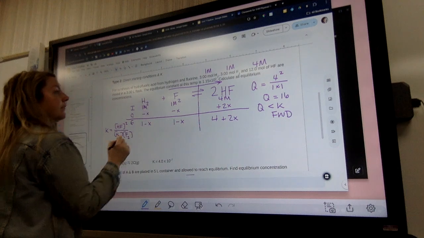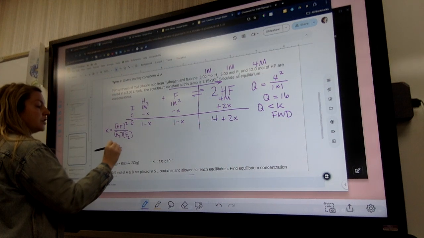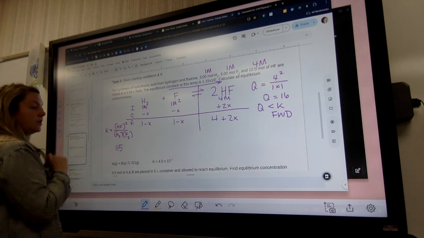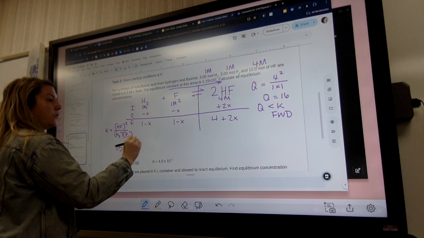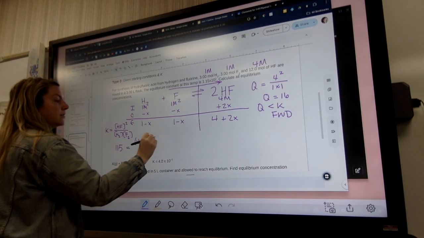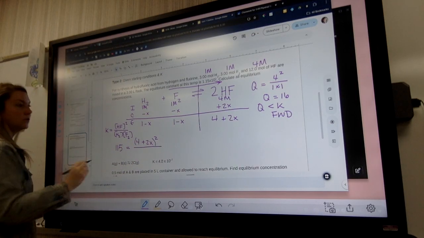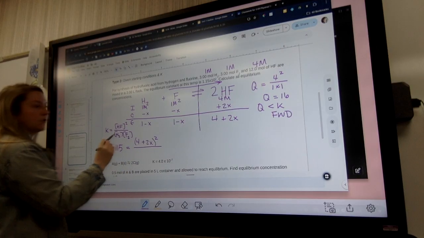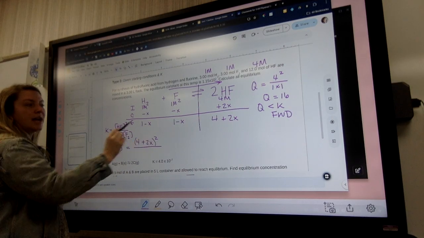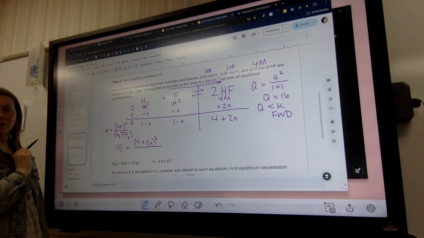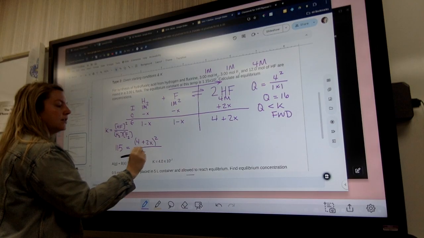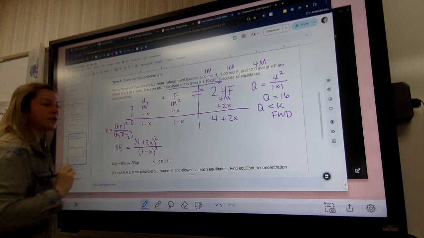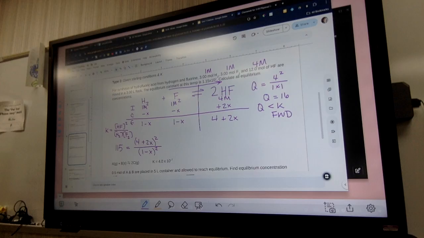So I have 115, I'm just going to change it to a regular number instead of scientific notation, is equal to my 4 plus 2x squared over 1 minus x times 1 minus x, which is the same as 1 minus x squared, right? So I'm just going to write it as that because it makes it a bit easier to see what we need to do in order to solve. Yeah, it looks gross, right?